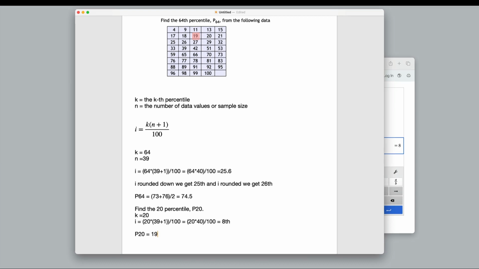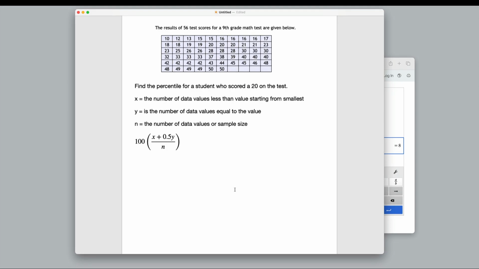Here in this problem, we are given some test scores, and we're given a particular test score of 20, and we want to know what the percentile is for this test score of 20.